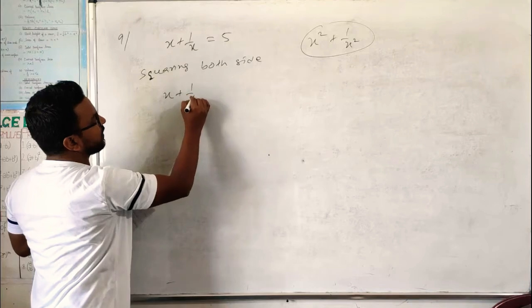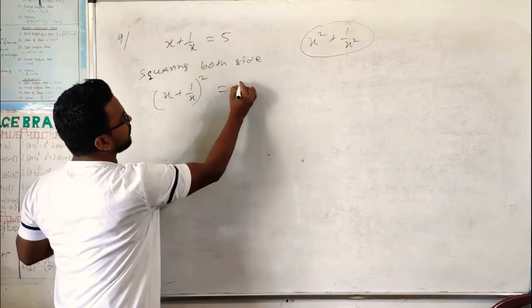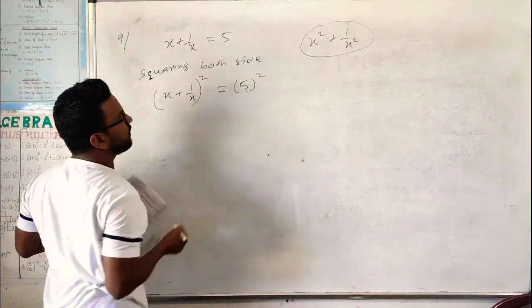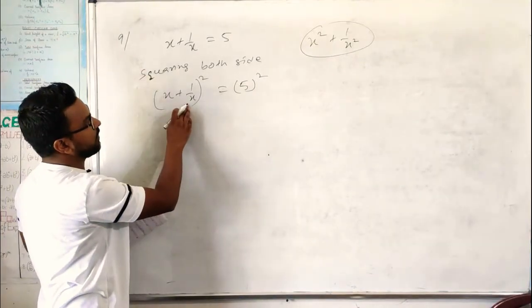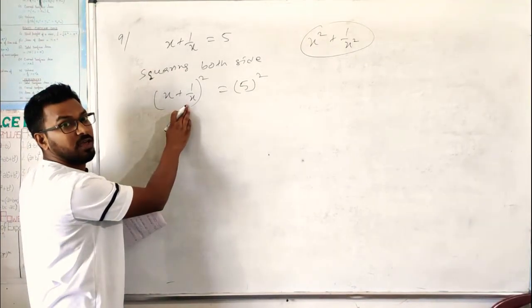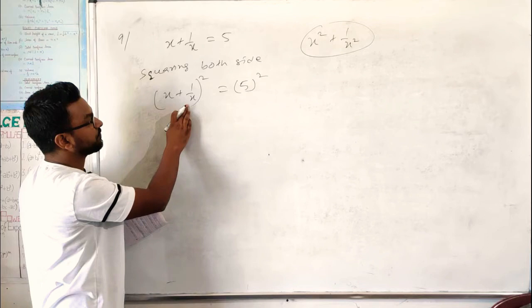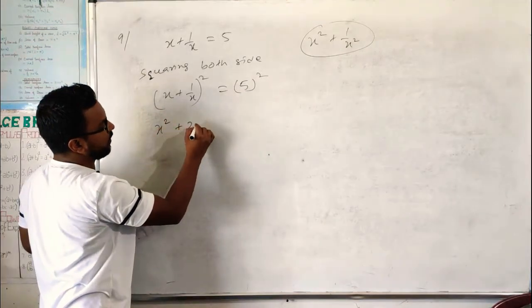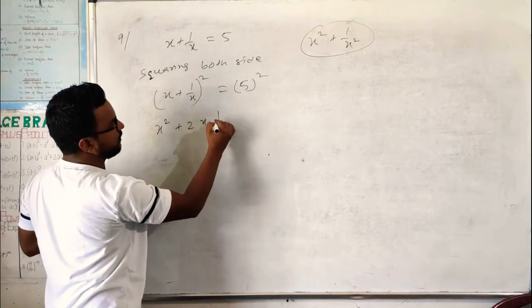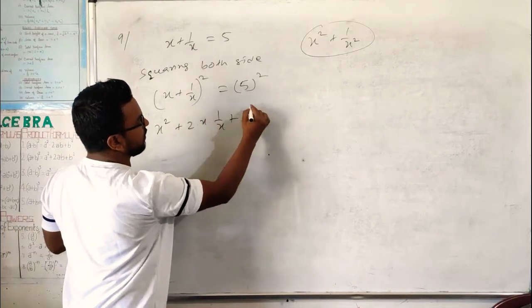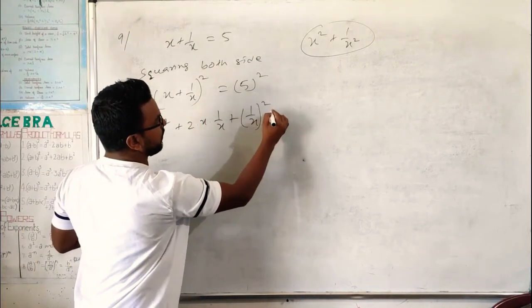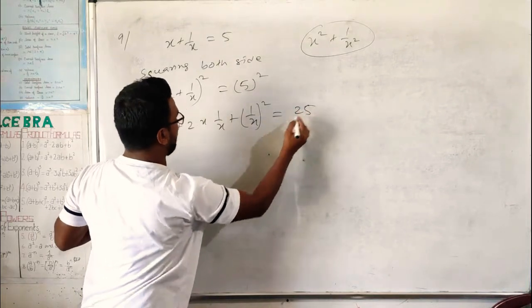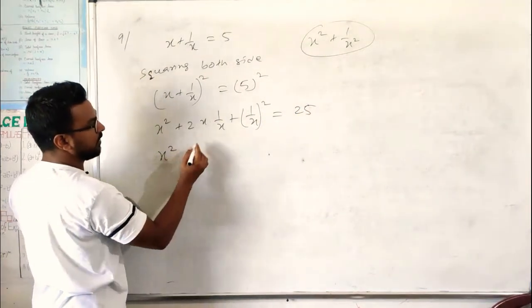x plus 1 by x whole square equals 5 square. So the square of this will become a plus b whole square. We'll use the identity here. So this will become x square plus twice a, a is x, b is 1 by x, plus b square, 1 by x whole square, equals 25.